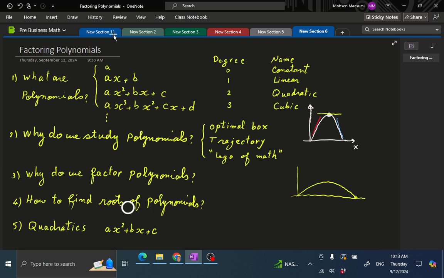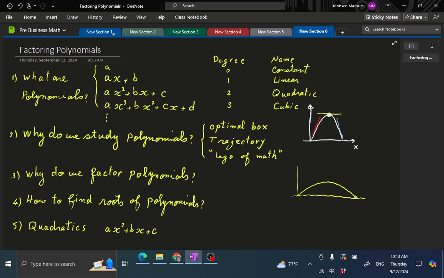To find the roots, we have to factor, and to factor, we are coming back to this lecture. So we need to learn how to play with polynomials, how to factor them, and so on. So that is the plan of action for today. Of course, beyond these simple applications, optimal boxes and trajectories, there are a ton of other applications that are more advanced than what we are looking at right now.